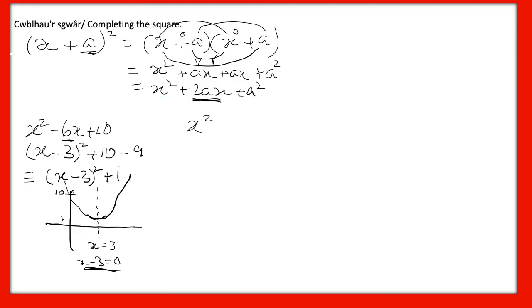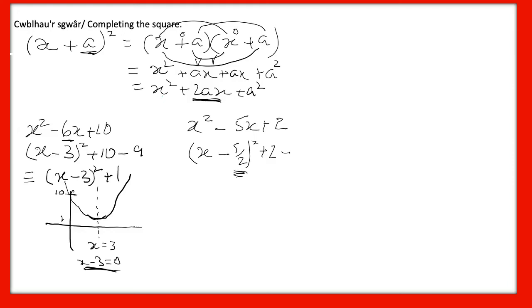So if I apply this to a slightly more difficult situation, x squared minus 5x plus 2, then half of minus 5 gives me minus 5 over 2 or minus 2.5, whichever you prefer. I've still got my plus 2 there because I haven't dealt with it yet. Now I've got to subtract the square of this 5 over 2.